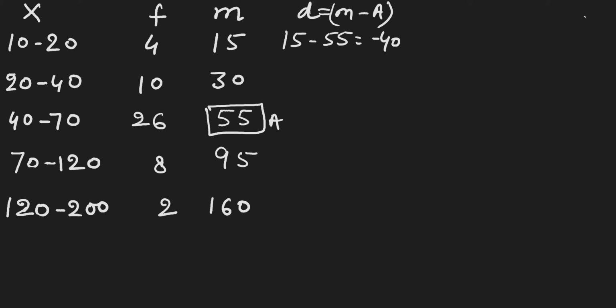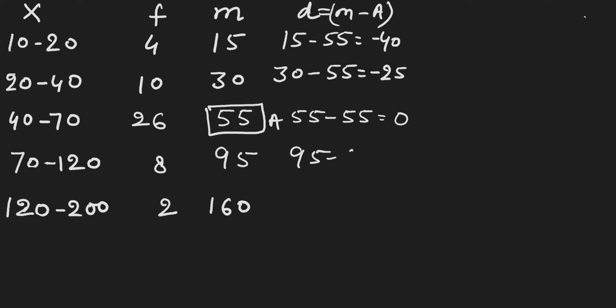Then 30 minus 55 is minus 25. Then 55 minus 55 will be 0. Then 95 minus 55 will be 40. Then 160 minus 55 will be 105.